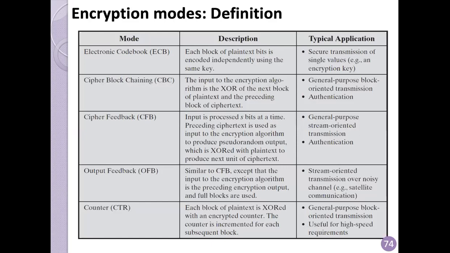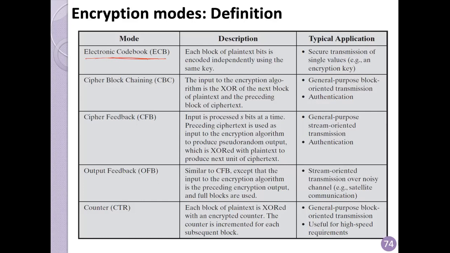This is the list of the 5 encryption modes. The first one is called ECB, or electronic codebook. This is the easiest in terms of implementation and complication. It's the simplest one, but at the same time it has the lowest security.